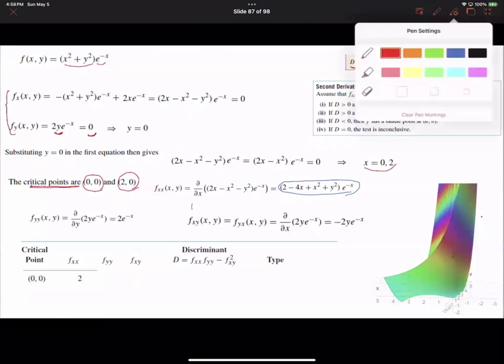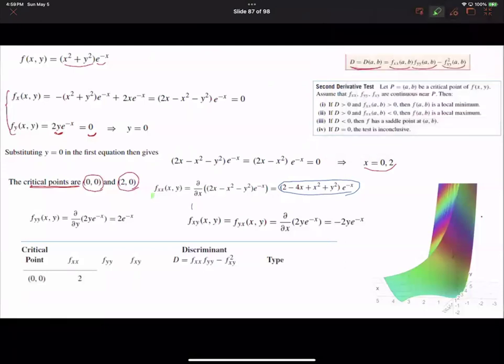This quantity here is your second partial derivative with respect to x, and this is the second partial derivative of f with respect to y, and f_xy is negative 2y e to the power negative x. So basically, you're just plugging in different values and doing the algebra. Take a look.